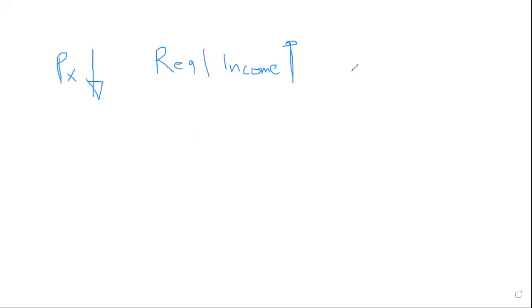So once real income goes up, it means that the consumer has extra income to spend on the commodity. Now, this is the effect.